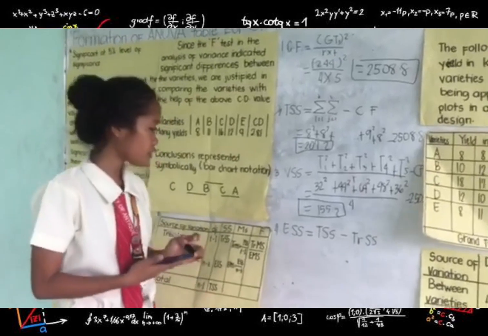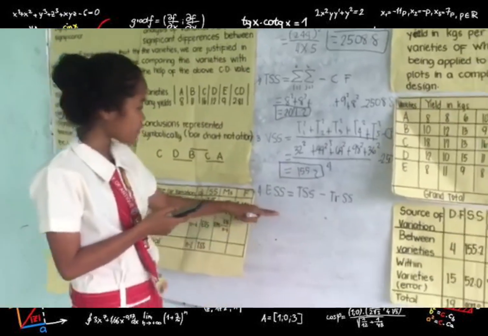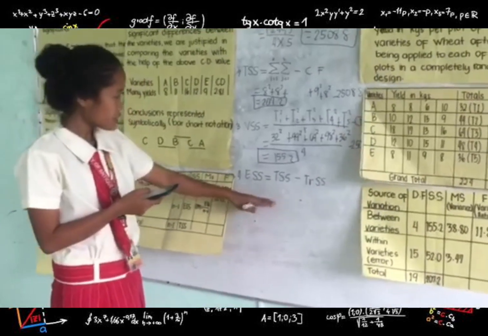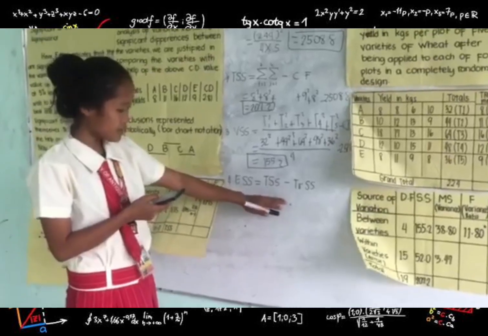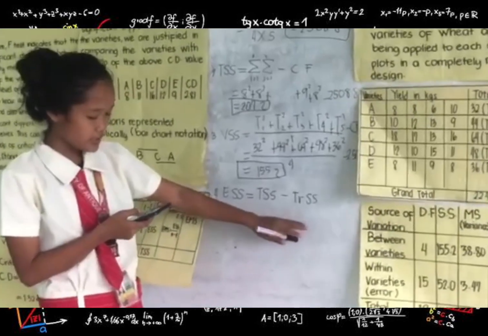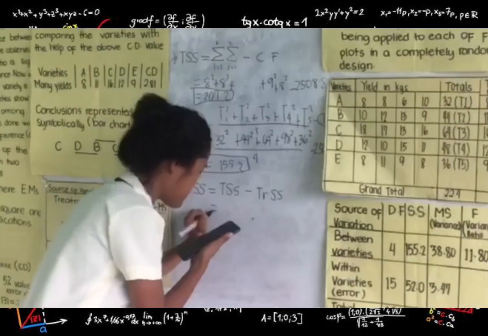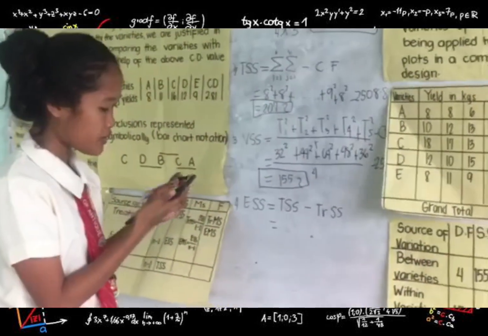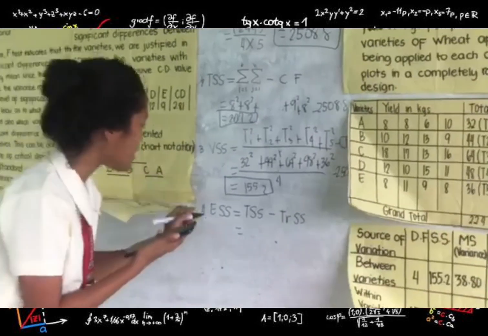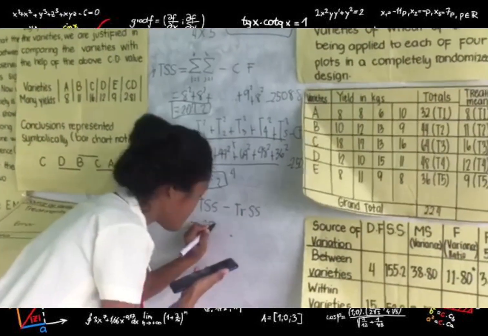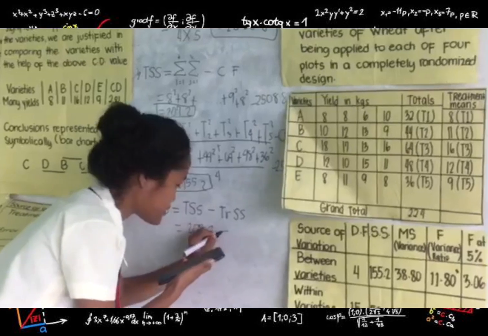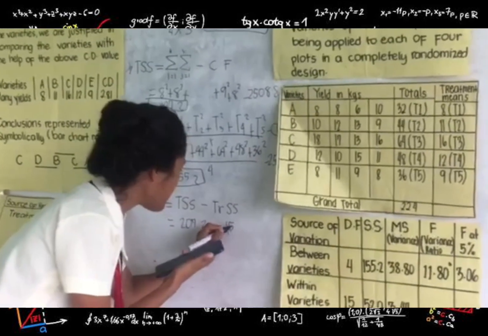Next, we calculate our error sum of squares, which is equal to the total sum of squares minus the varieties sum of squares. For our total sum of squares, we have 207.2 minus 155.2.